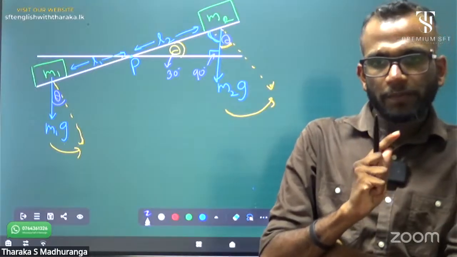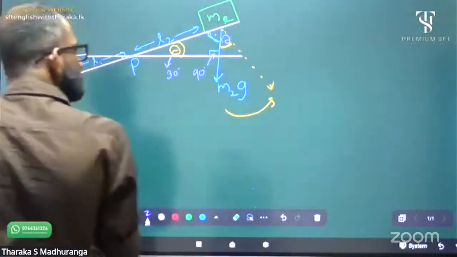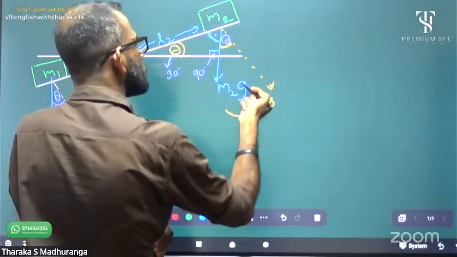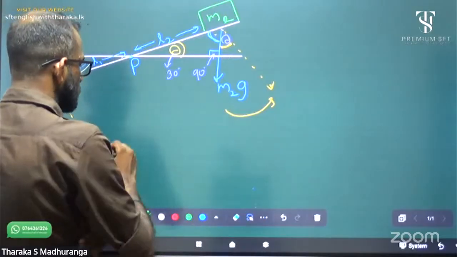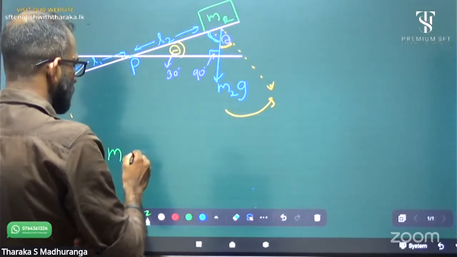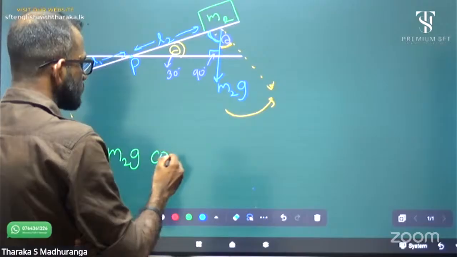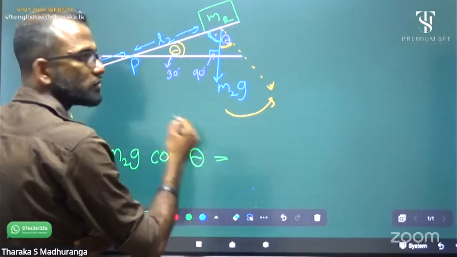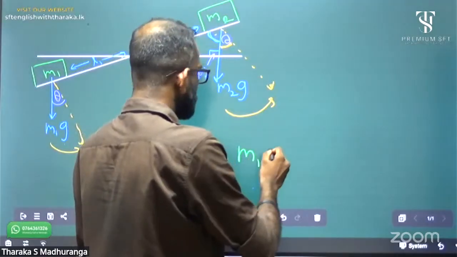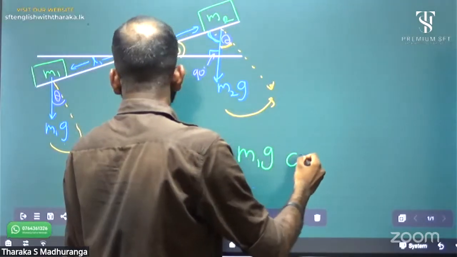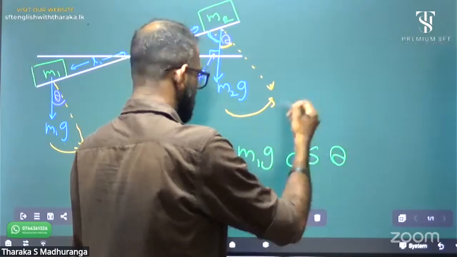Now I can resolve: M2G cos theta equals M1G cos theta.